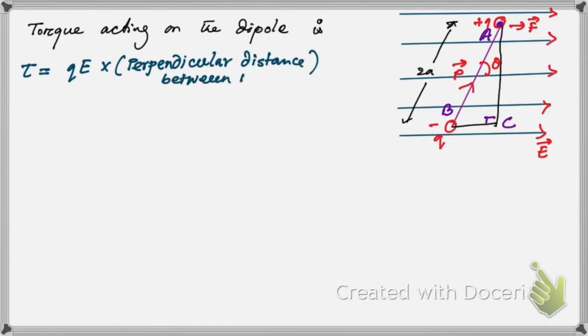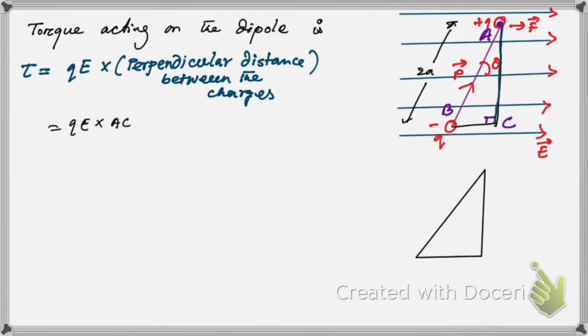We have already calculated that the force on each charge is given by EQ, and the perpendicular distance is AC in this case. So torque is EQ into AC. Now if you draw the triangle ABC, and here if this angle is theta, then this must also be theta, because the electric field lines I have drawn are parallel, so corresponding angles are equal.